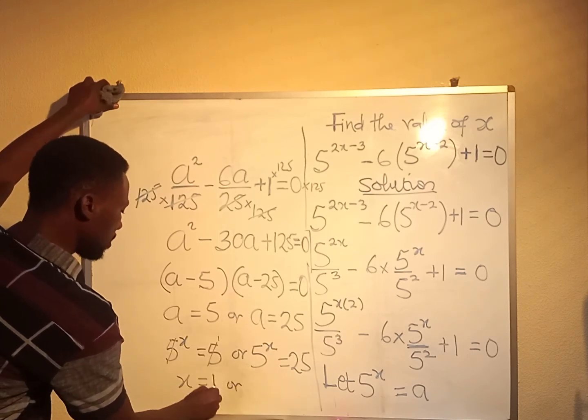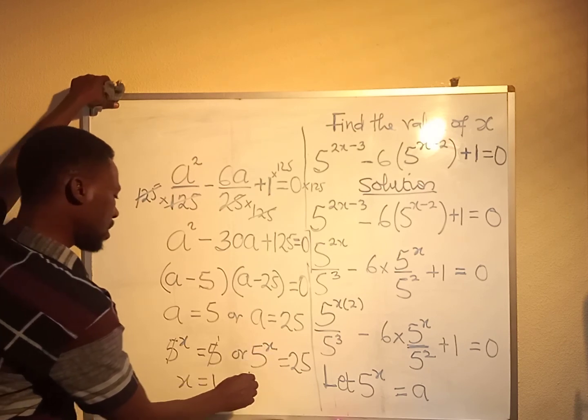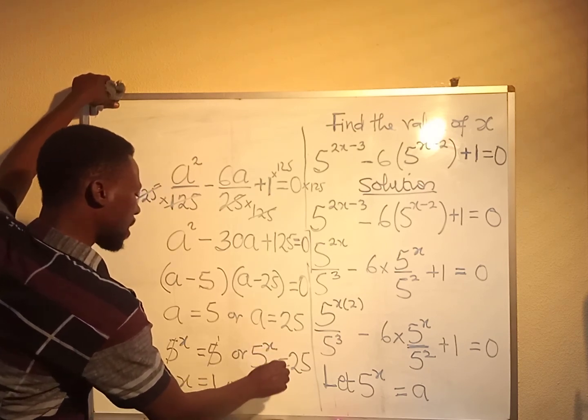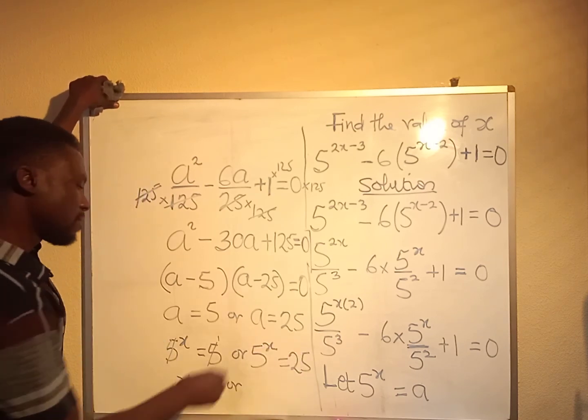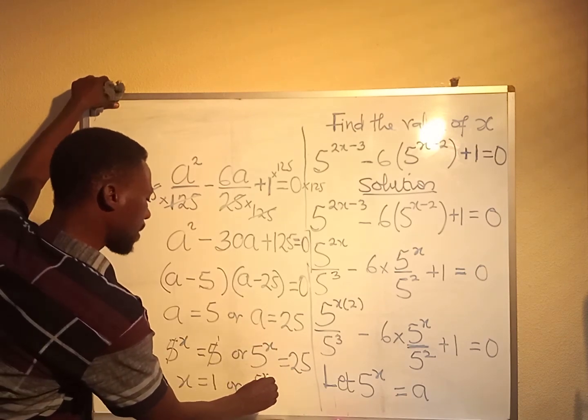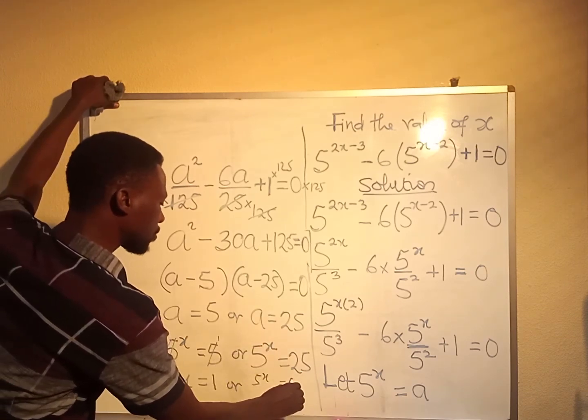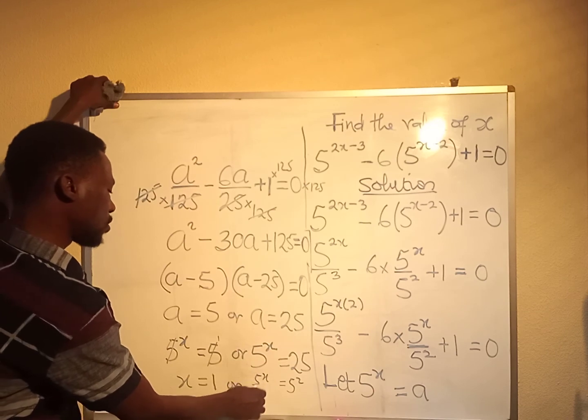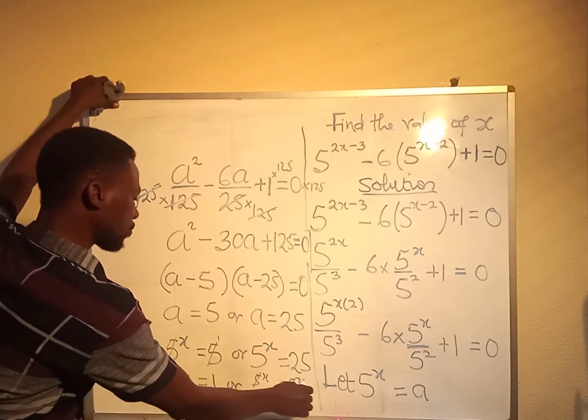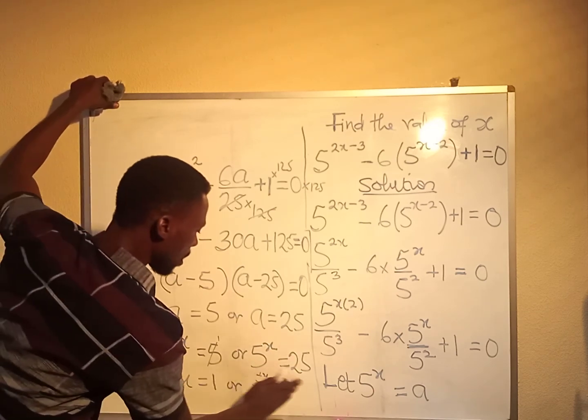Or in this equation that we have set over here, if we have 5 raised to the power x is equal to 25, it means that 5 raised to the power x is the same as 5 raised to the power 2, which is 25. So when the bases are equal, what do we do? x will be equal to 2.